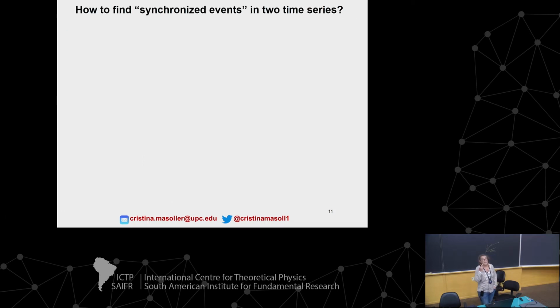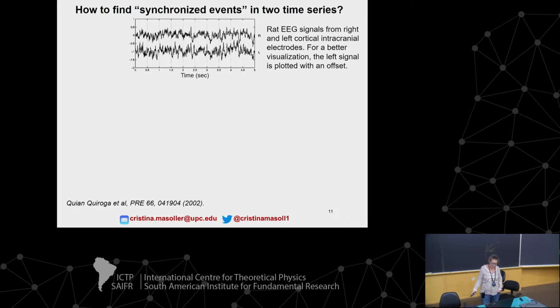Okay, another thing is to say, okay, this tells me whether the data is independent or not. How about if the two time series are synchronized? Well, a way to find synchronized events, because maybe the time series are not synchronized, but some events in one time series are somehow correlated with events in some other time series.